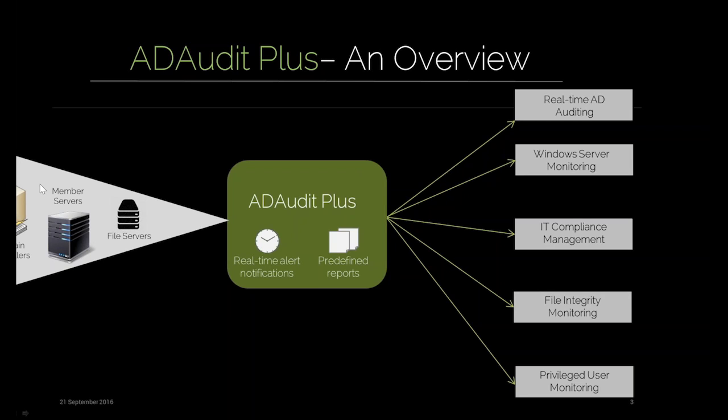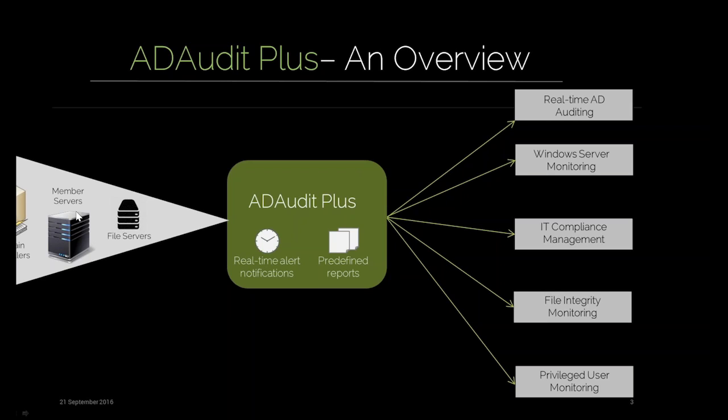So in all these computers, ADAudit Plus will collect the data from the security logs. The security log is the primary source of ADAudit Plus from where the information will be taken. Until the topic that I'm going to talk about, the security logs, you're just installing the software and configuring everything.